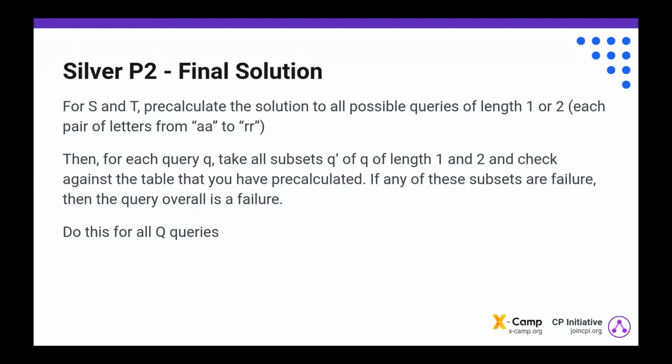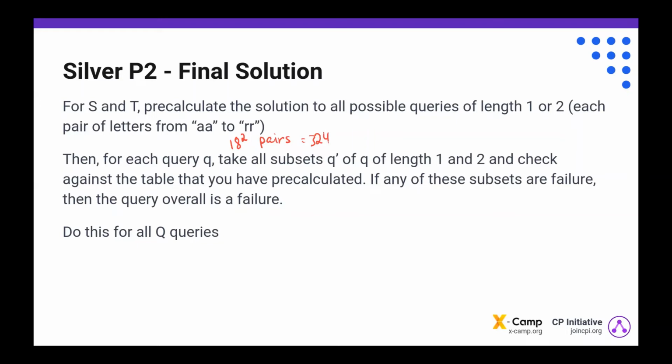And a query of length 2 means all pairs of letters from AA to RR, which is basically 18 squared of them. 18 squared is equal to 324 pairs. Technically it's not, because we don't need to see the order, but this is a bounding number.